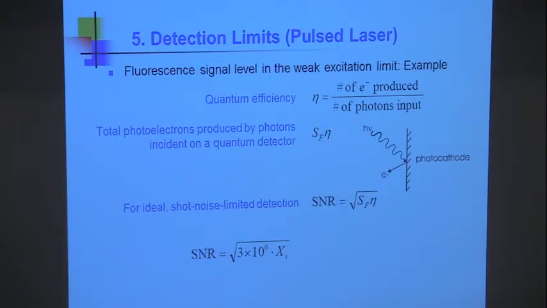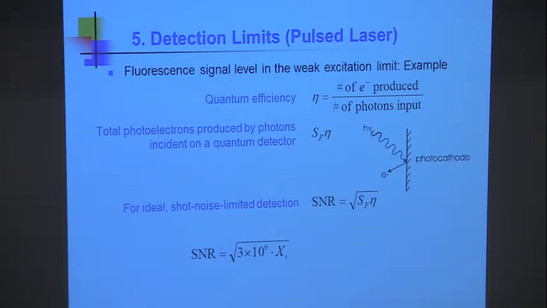Now, we're not home free yet, because when you send photons onto a photodetector, you don't get a conversion of 1 photon to 1 electron. You get a fraction. That's called the quantum efficiency of the photodetector. And so the quantum efficiency is the electrons produced per photon absorbed. That number might be 10%. I'm down now to something like this.